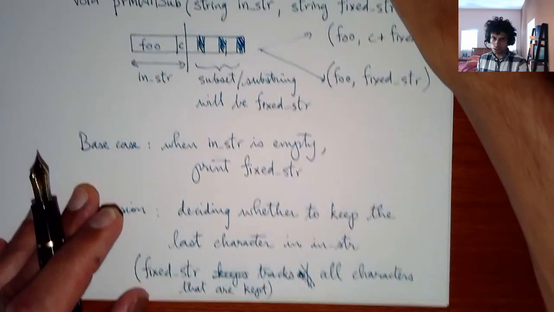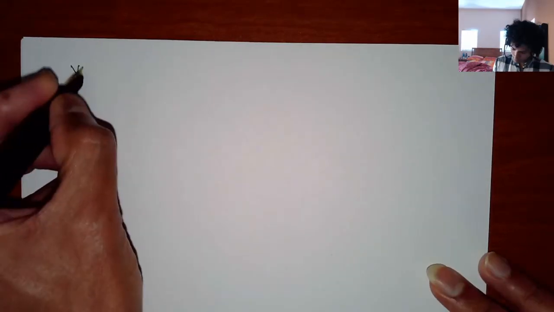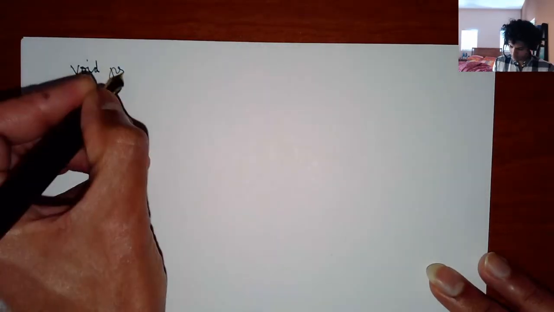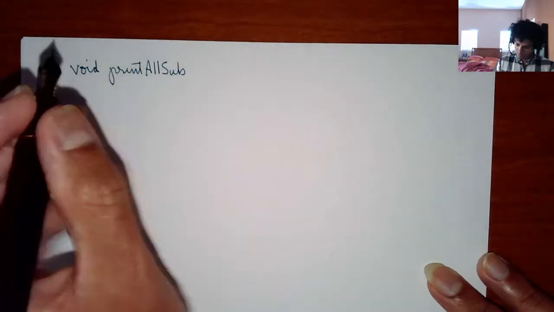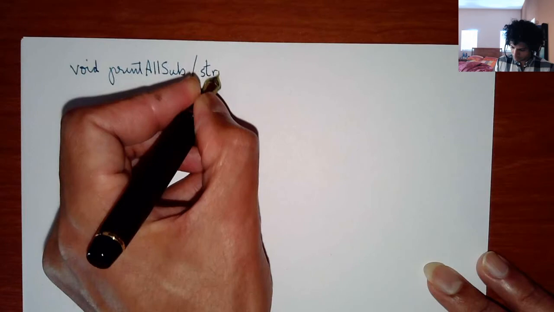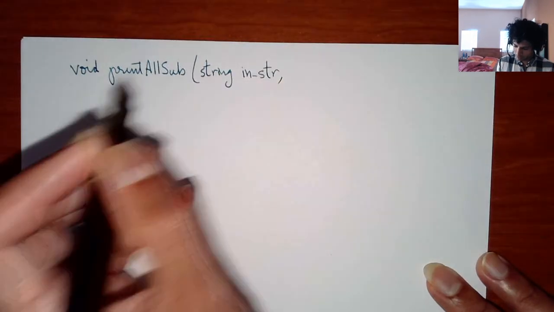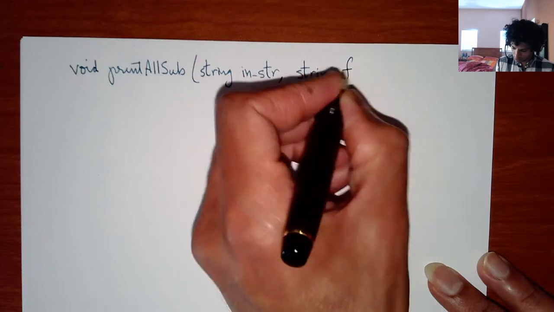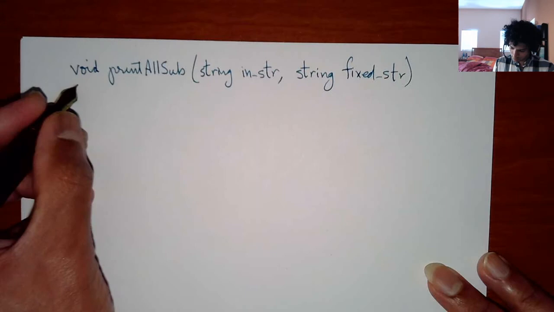So let me just write out the recursion. I'm going to write it out in a sort of pseudocode-ish way. So I'll say void print all substrings. There's a string which is the input string, and then the string which is the fixed string.